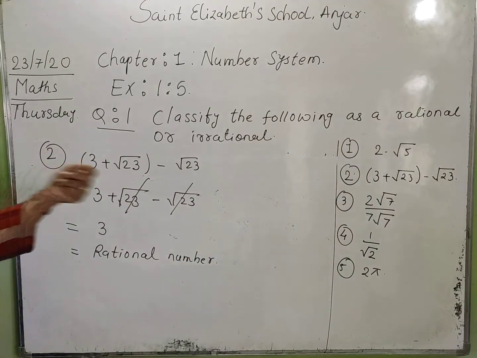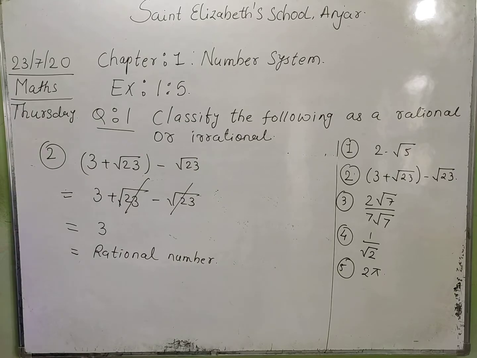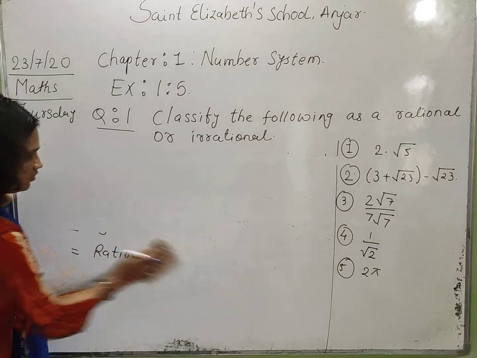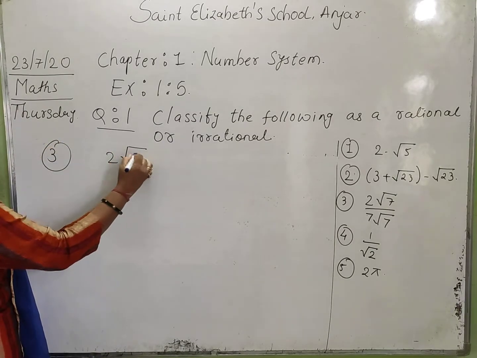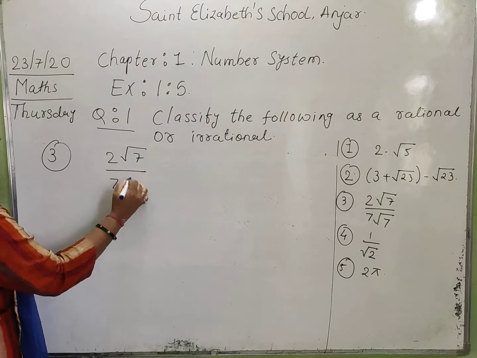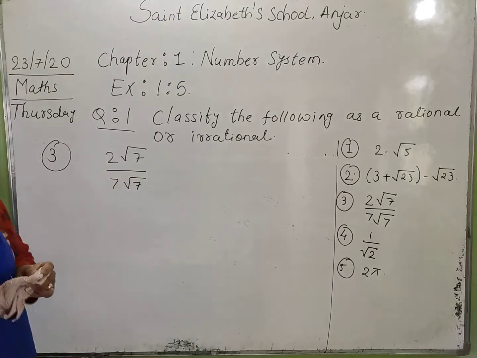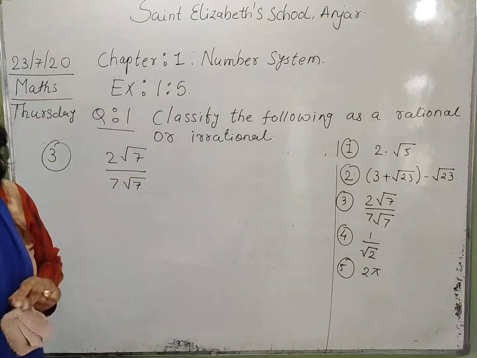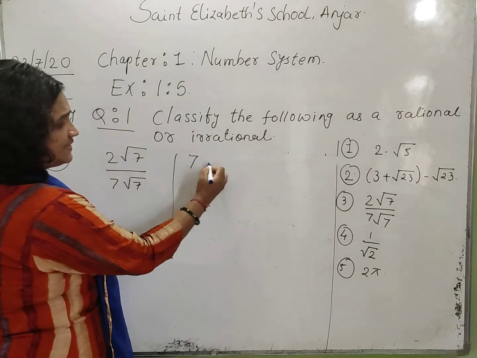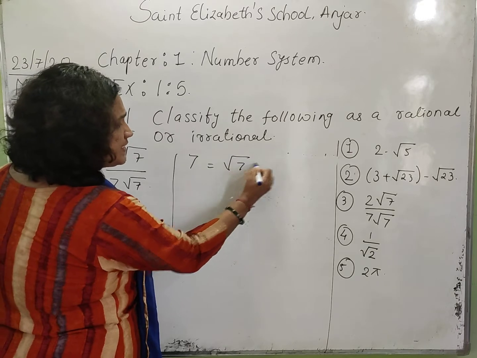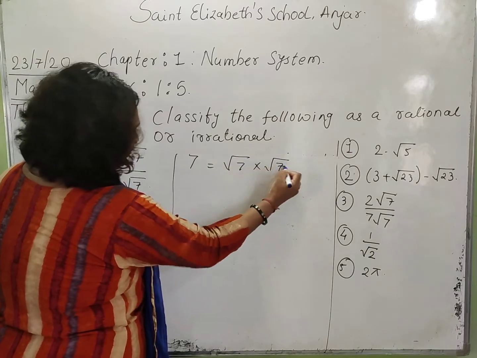Okay, now the third one we'll do. We are going to discuss the third question. The third question is 2 root 7 upon 7 root 7. Before I explain this, I have to explain a small point. What do we mean by 7? 7 is equal to root 7 into root 7.